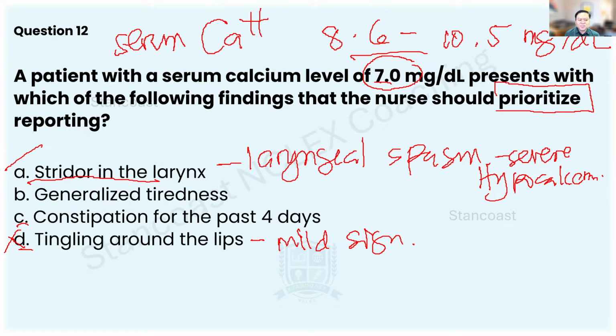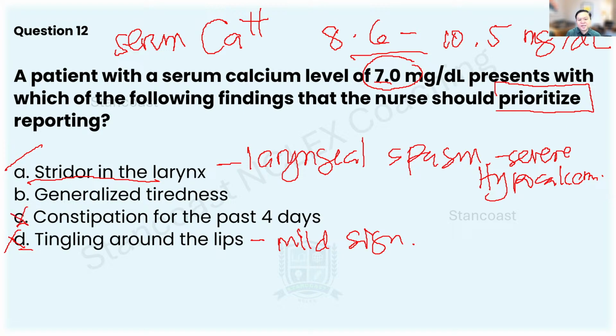And there are other conditions that might be related to the constipation as well. But in the context of this test question, we are prioritizing that manifestation that is life-threatening, which is basically stridor in the larynx. Your patient's airway is greatly compromised around that time when it happens.